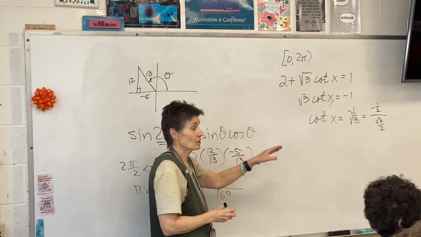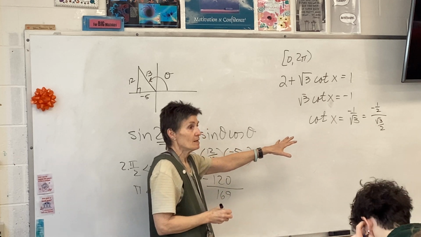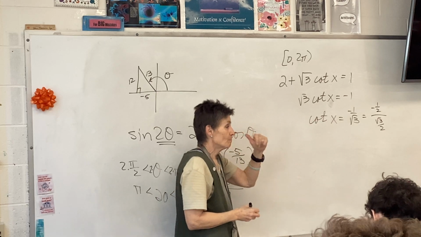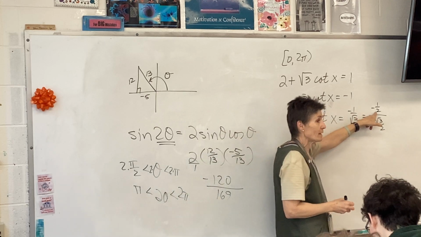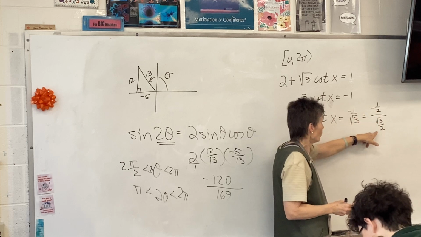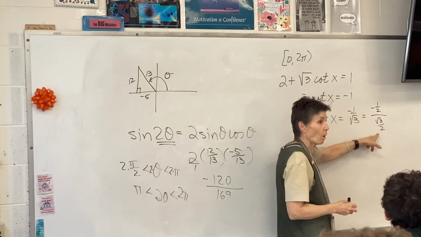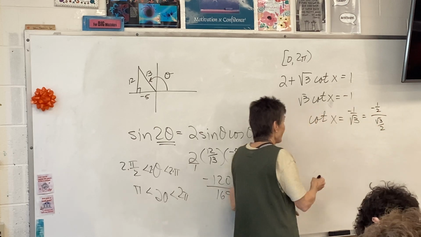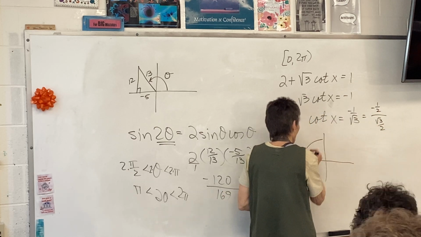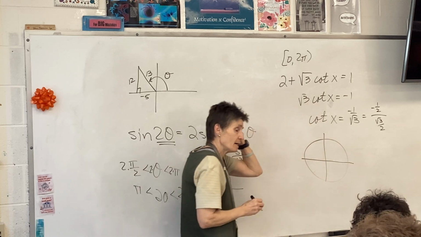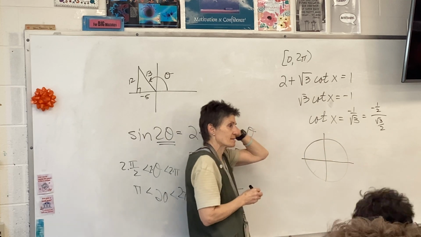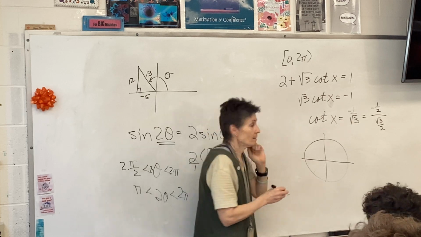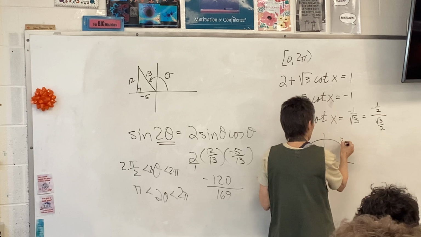This is cotangent. I'm leaving it as cotangent because cotangent is x over y. So x is negative 1/2. Well, x is 1/2, y is root 3 over 2, and one of them's negative. Where can that happen? What kind of angle has an x of 1/2 and a y of root 3 over 2? Pi over 3. So I got my pi over 3 angles.